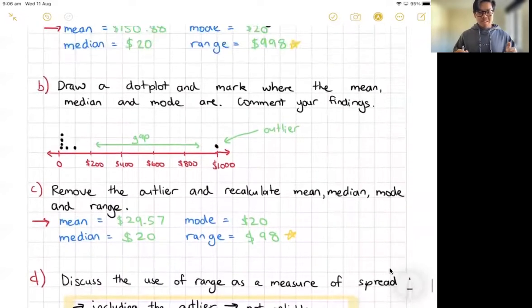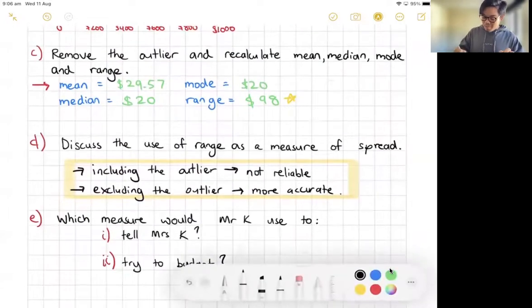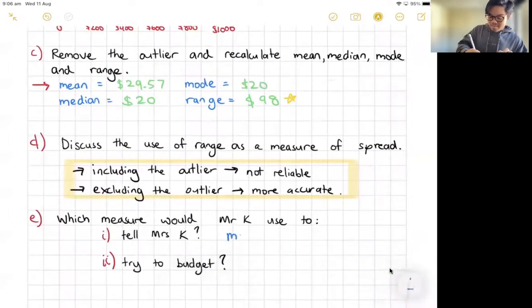Maybe I could tell her on average, did I spend 150 or 200 or $29.57? Well, I'm going to tell her the smaller one. I'm going to leave the outlier out. Or even better, even lower than $29.57, I'm going to say I spent on average maybe $20, because that is my mode and my median. I'm technically not lying. So for this one, I reckon mode would be the best. And that's going to keep me out of trouble.